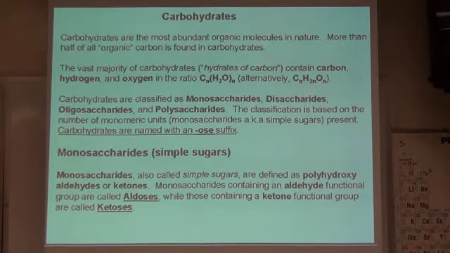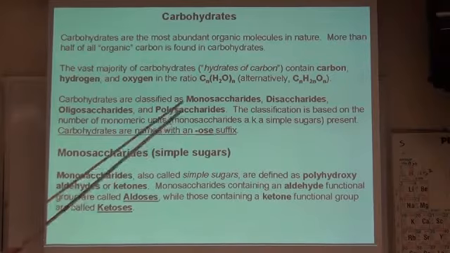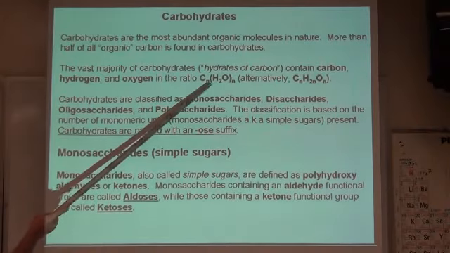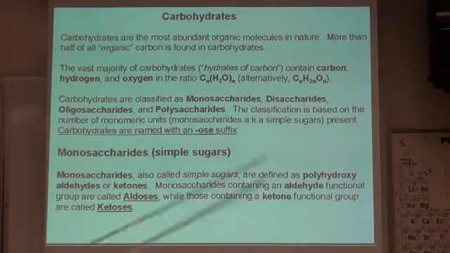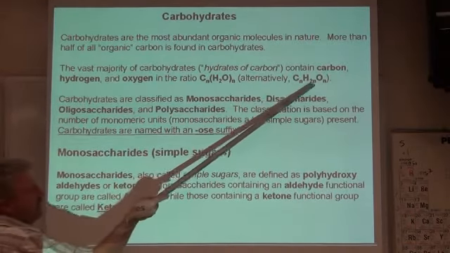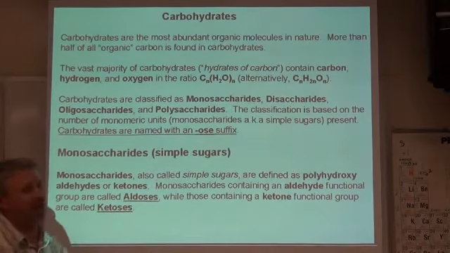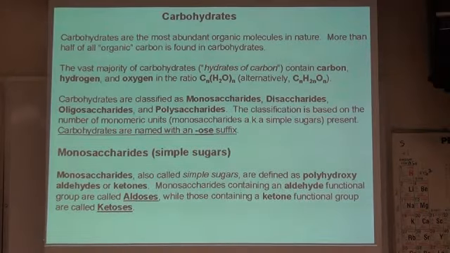And if you look at a basic formula, we see that it's CnH2nOn, but I think we're really more familiar with the CnH2nOn formula because we're most familiar with glucose, which is C6H12O6.